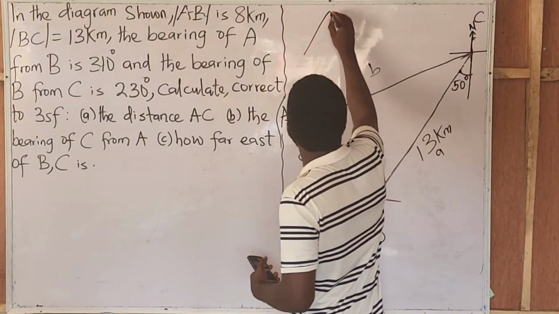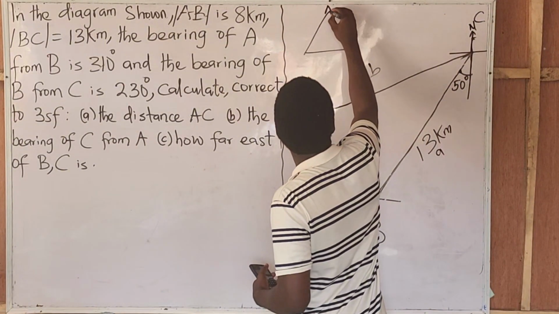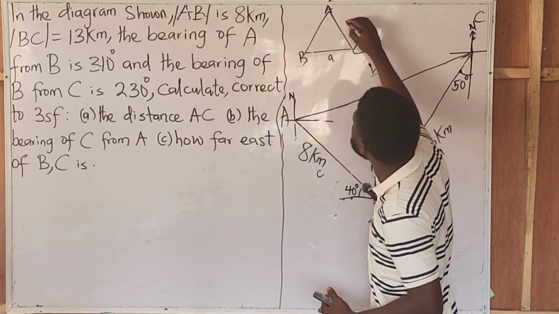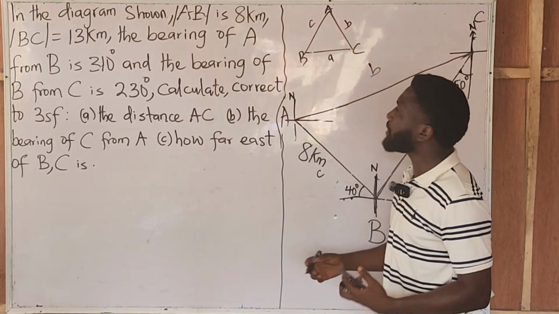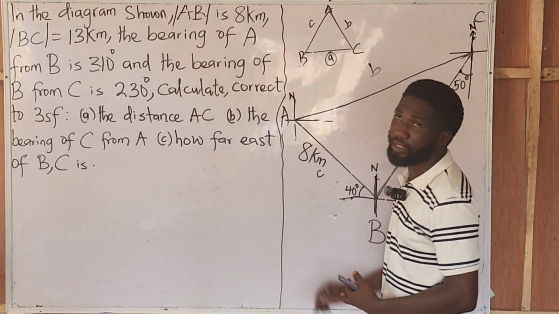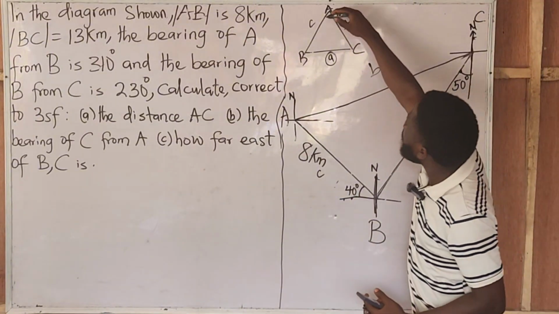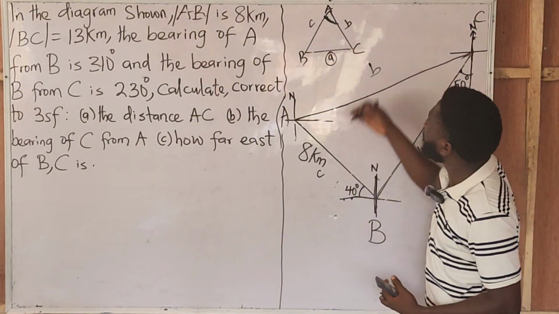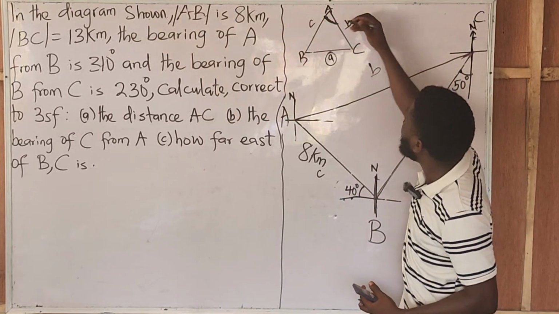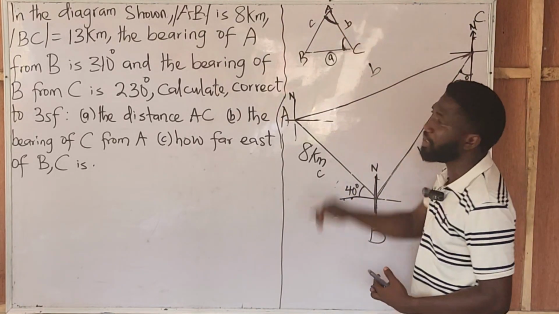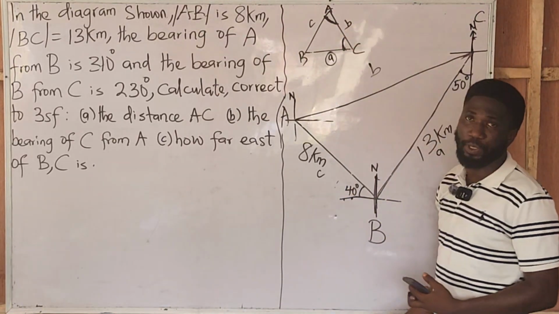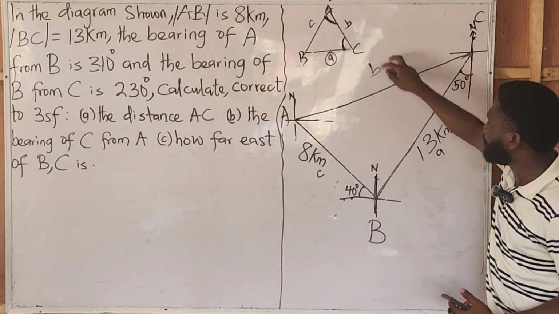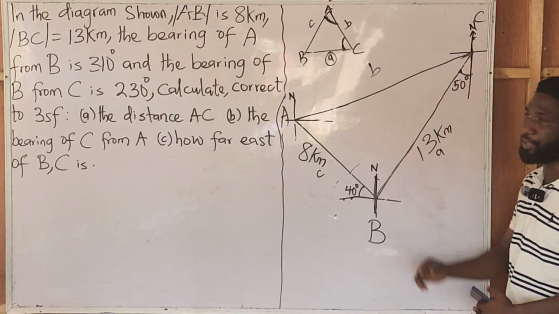Let's say we have a triangle this way, and this is A, B, C, and the sides are small a, b and c. If I want to get side A, then angle A must be known. If we want to get side C, angle C must be known. Same thing with B. So in this case we want to get side B, and to get side B, angle B must be known.